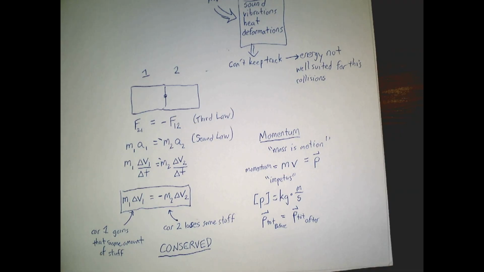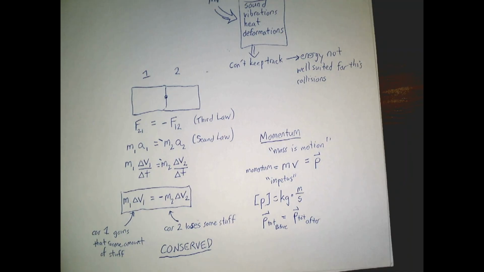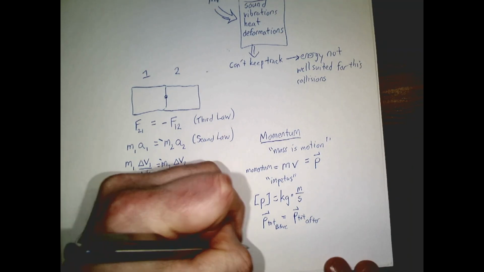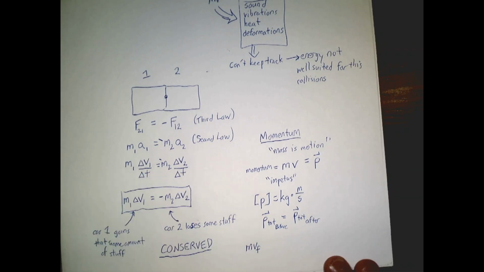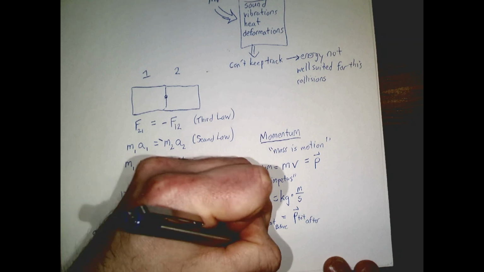Now we're just going to think in broad strokes what momentum is and how we can think about it. When we look at this derivation we did with Newton's laws earlier, we see we don't have mv proper, but we have m delta v. So for car 1, for example, we have m v final minus m v initial, where delta is a change in something.